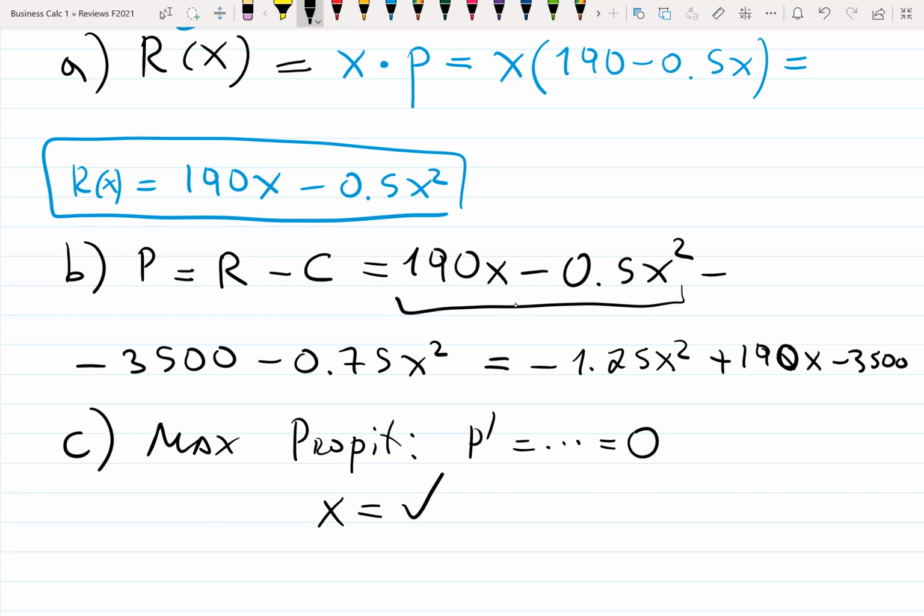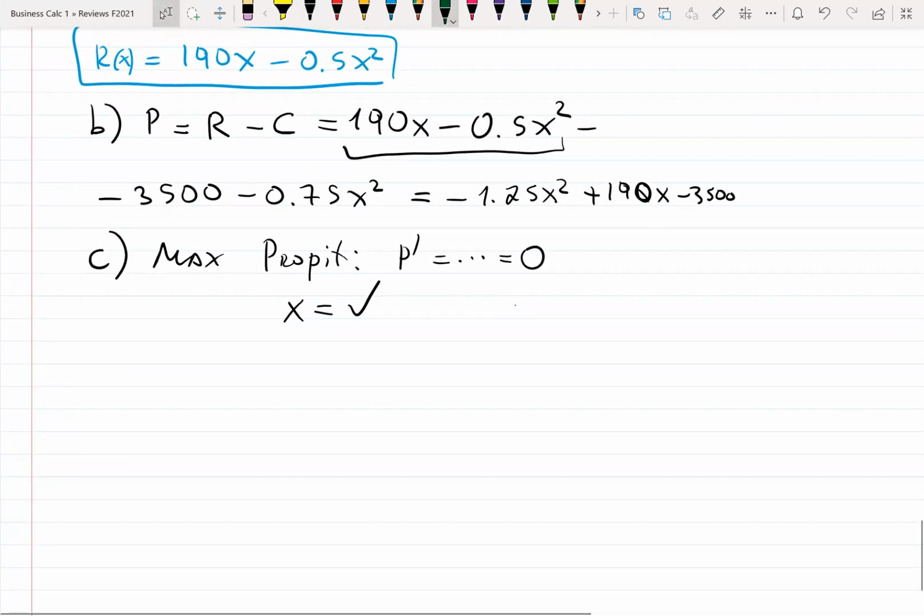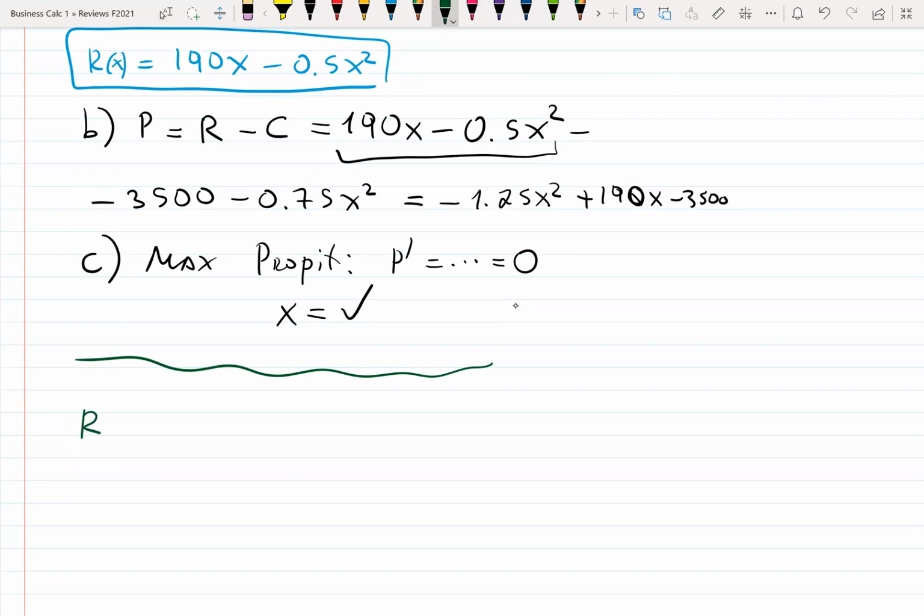Practice again. If they ask you to find R prime, C prime, P prime, do you know how to do it? Yes. Well, we can do it if you want. If they ask you to find how fast the revenue is changing, you differentiate your revenue. That's why putting it in the box is convenient. 190 minus x, that is the derivative, R prime.